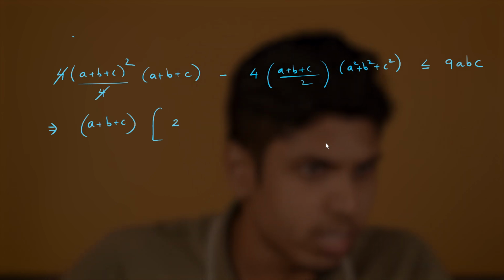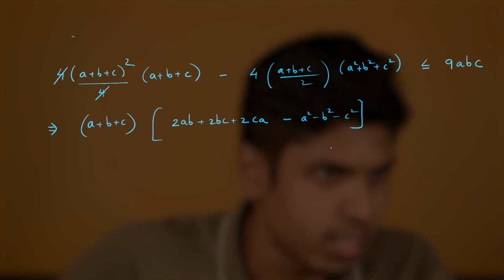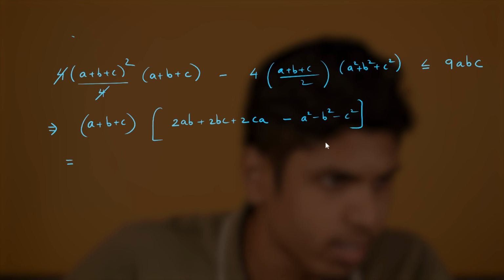And we would end up with 2ab plus 2bc plus 2ca minus a squared minus b squared minus c squared. This is the LHS. So let's just keep on expanding the LHS and see what happens.